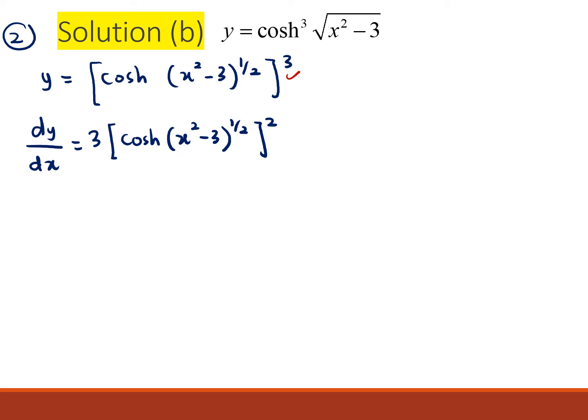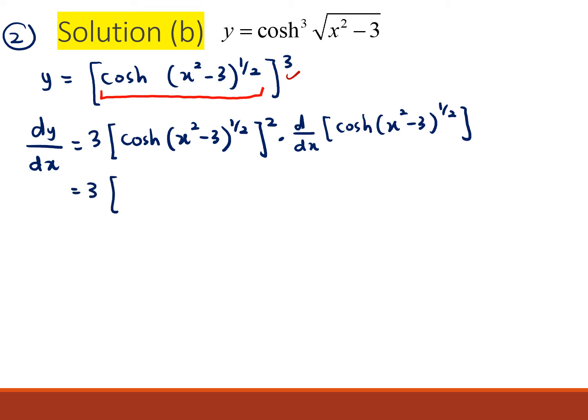The next one is to differentiate this, times d over dx of cosh of x squared minus 3 to the power of half. Okay, now we have here, just rewrite this all, or we can represent this as the square root of x squared minus 3 squared.